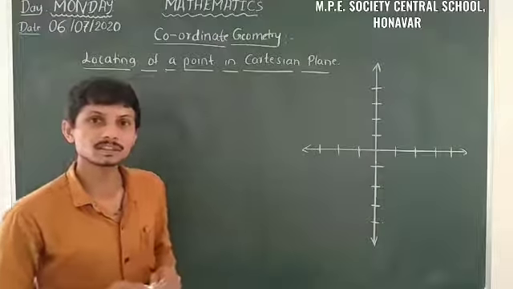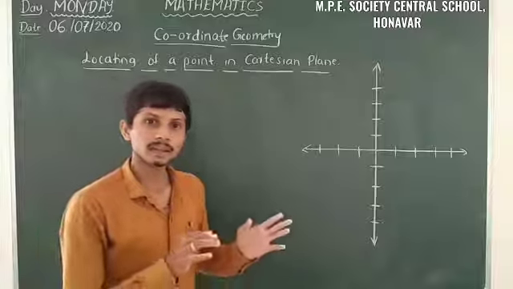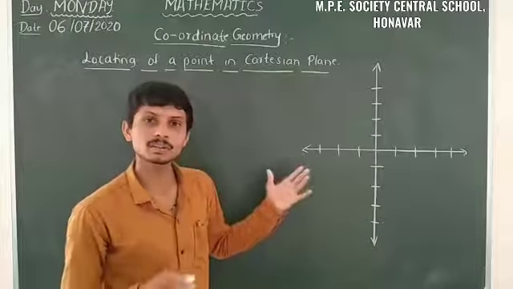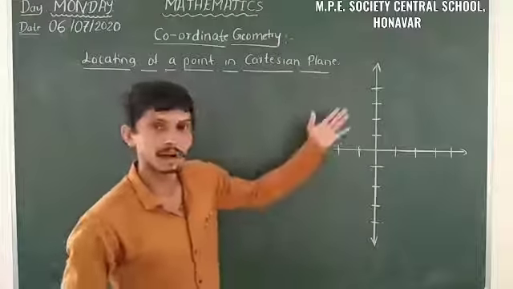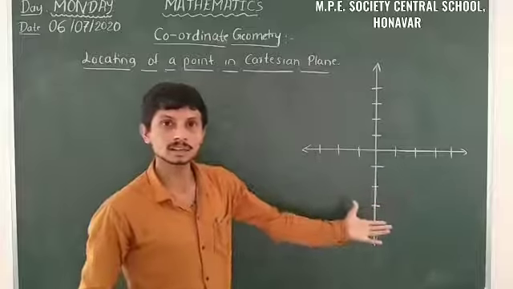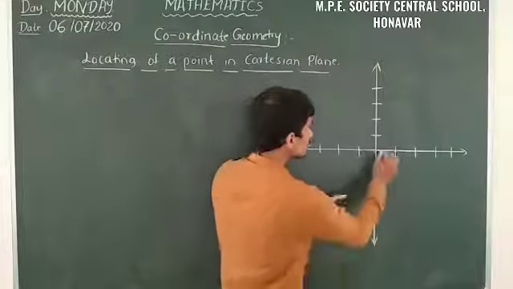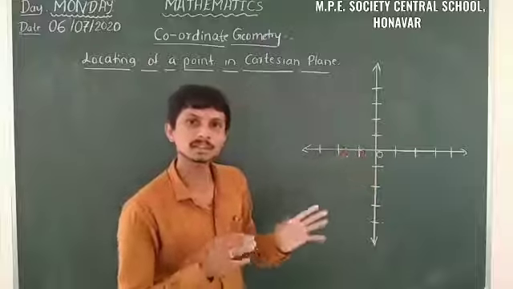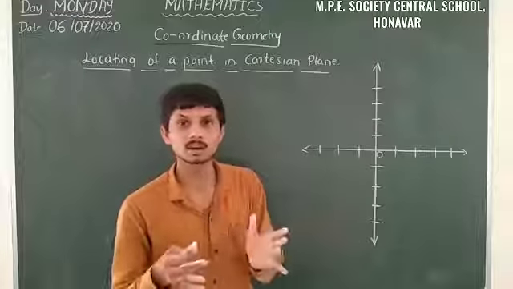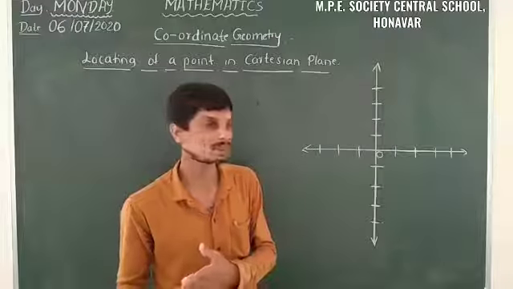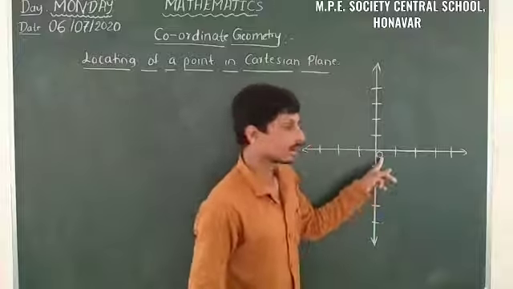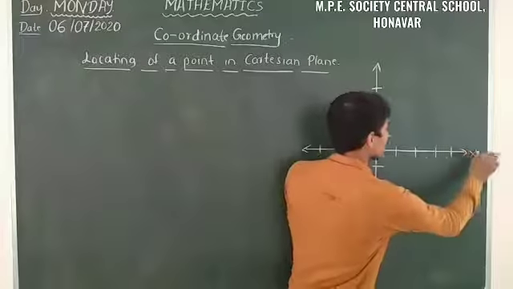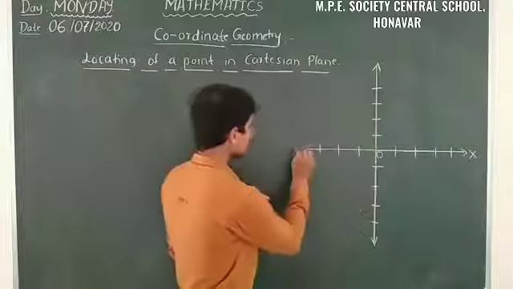Just by taking some examples. You already know about the Cartesian plane. The intersecting point we call the origin. The coordinates of the origin are 0, 0, that is, x coordinate of 0 and y coordinate of 0. This part we always call OX and this is OX dash.